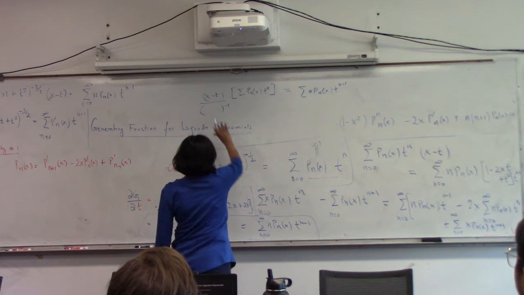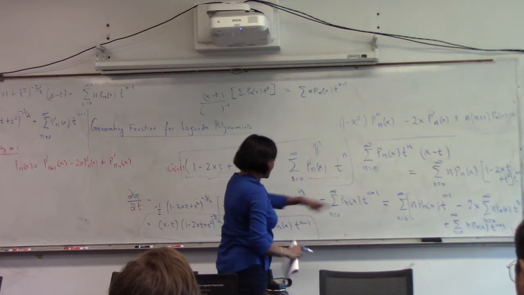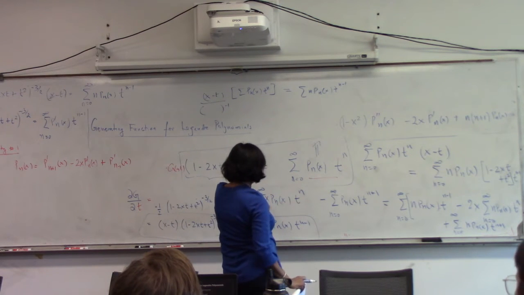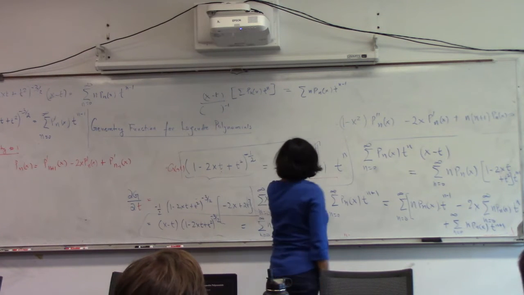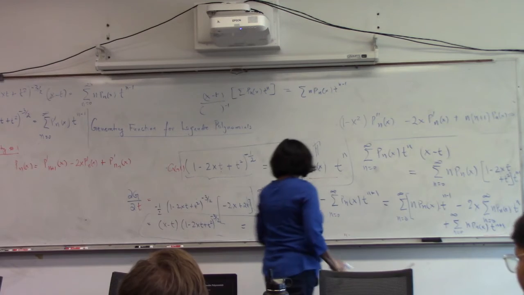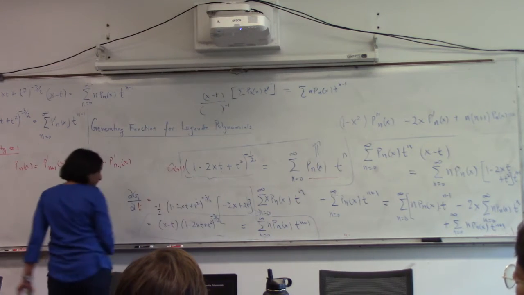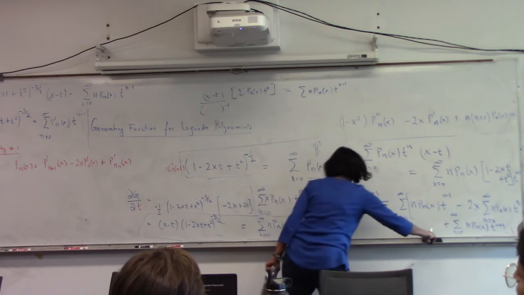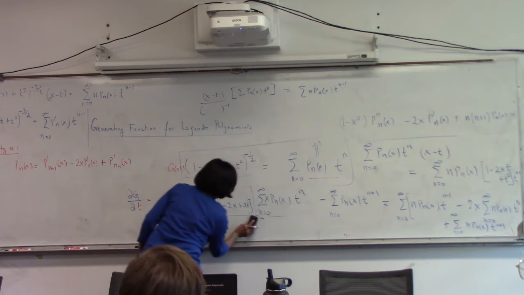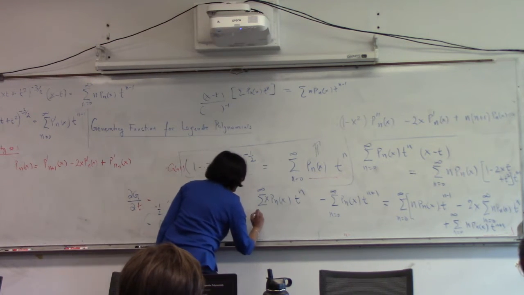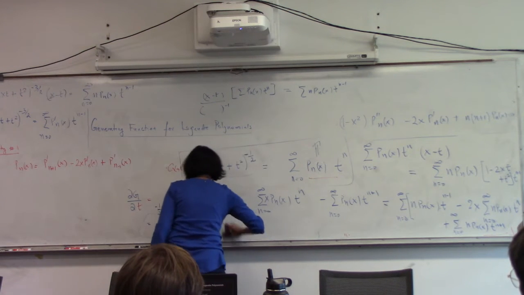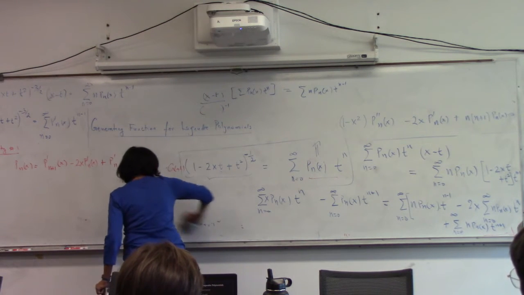Okay? And then I had taken this to the other side, which is what I have. I want to make sure my right hand side, okay, I have x p sub n of x t to the power of n minus p sub n of x, okay, I got it. I thought I missed something. All right, so let's compare some power of t and come up with another identity.